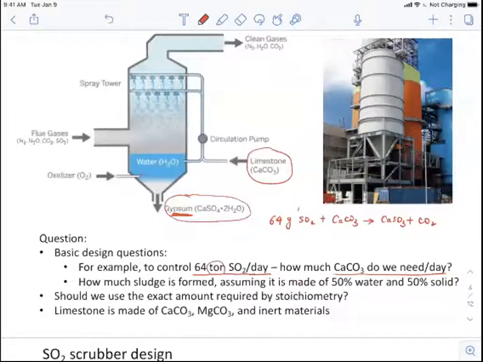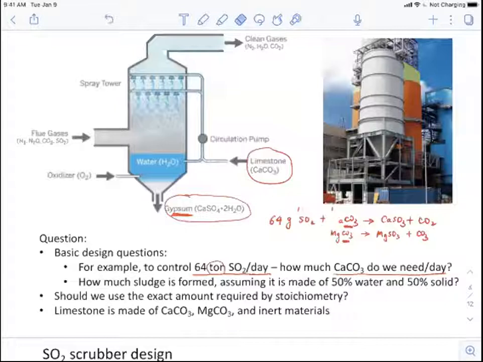Everything is a 1-to-1 ratio, but I also want to point out that it doesn't matter which carbonate we're using. If you decide to use magnesium carbonate, it's still going to react with the same molar ratio, forming magnesium sulfite and carbon dioxide. So basically, what's involved in this reaction is the carbonate ion.